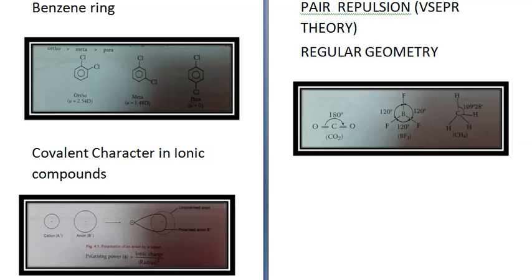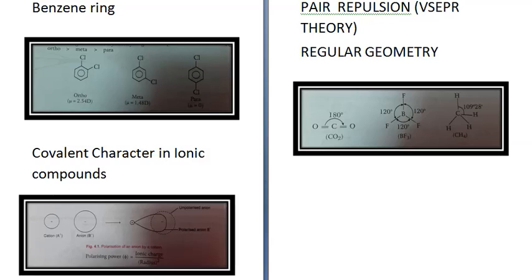The net result is distortion or polarization of anion, and the ability of cation to polarize the nearby anion is called its polarizing power. And the tendency of anion to get distorted by the cation is called polarizability.